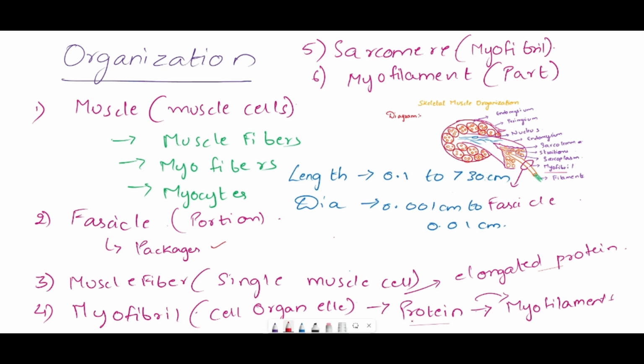It contains protein chains which are called myofilaments. Next point is sarcomere. Sarcomere is the portion of myofibril. Next one is myofilament. It is a part of the sarcomere. So simply draw two diagrams and include all these points. Then the skeletal muscle organization will be done.